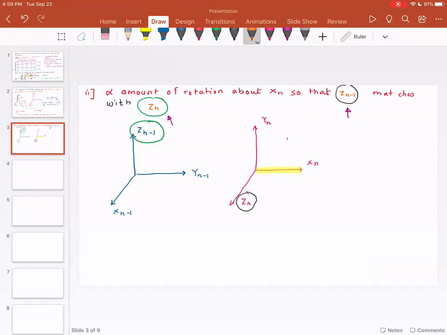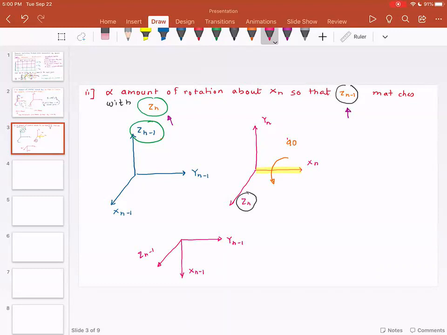The only way Zn minus 1 will be aligned with Zn is if the rotation is like this. When this rotation is applied, your new coordinate system is going to look like Yn minus 1, Zn minus 1, Xn minus 1.